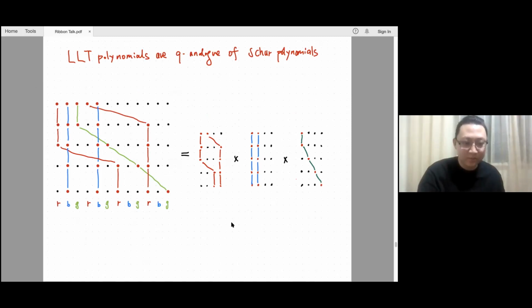And these 3 are going to correspond to semi-standard Young tableaux. So then you get 3 Schur polynomials. This explains why LLT polynomials, when you evaluate at q equals 1, give products of Schur polynomials.